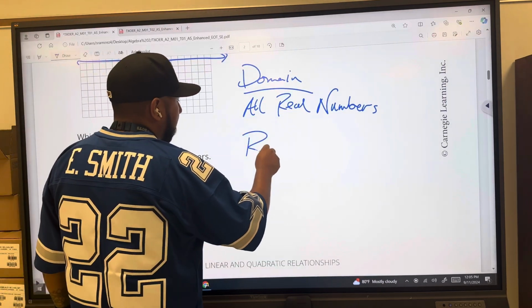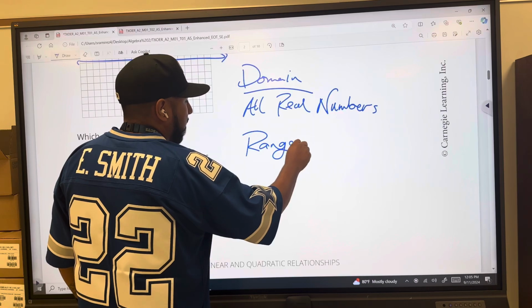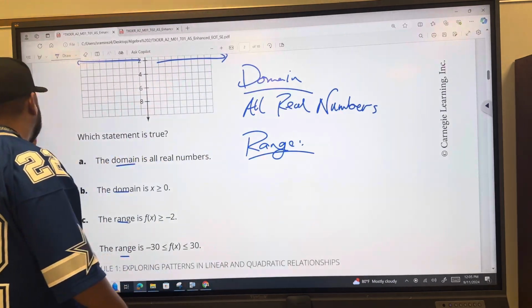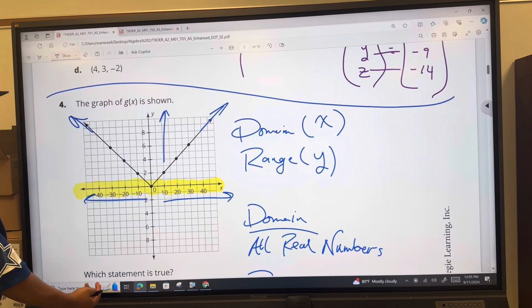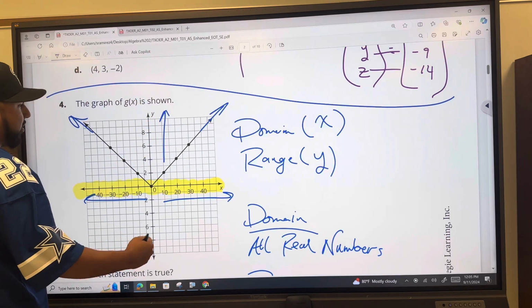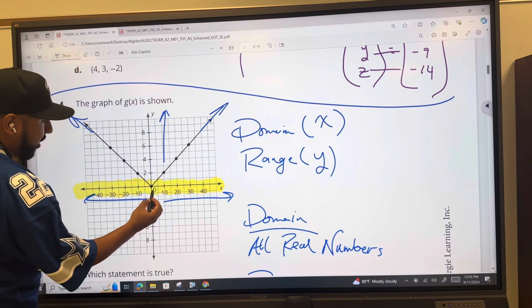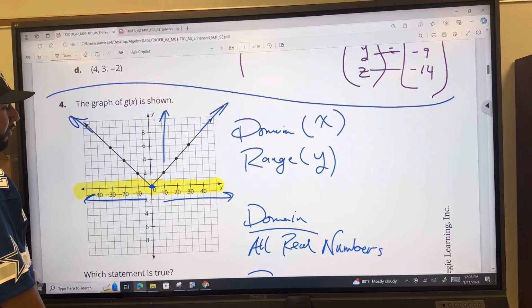My range. Just because we're learning a little extra right here, my range is going up. It's not going down, it's going up. But it's starting at this value right here.